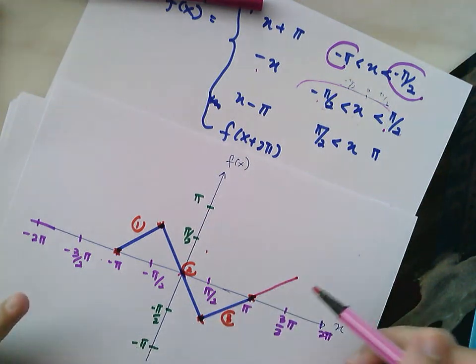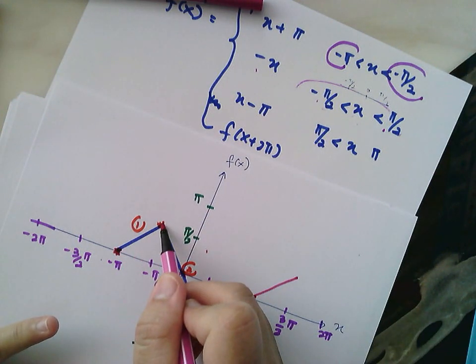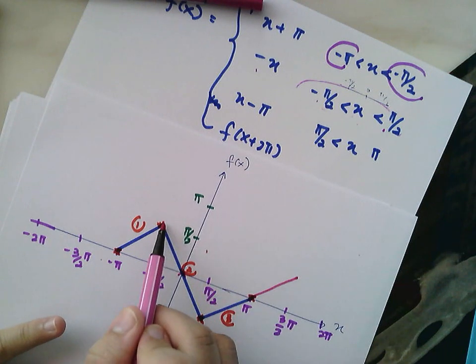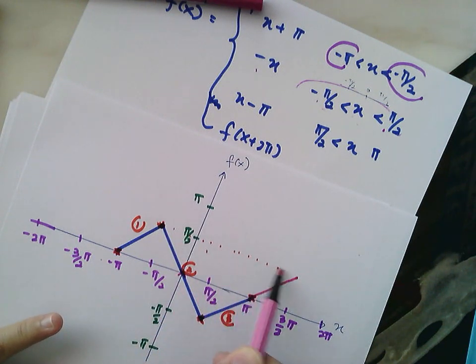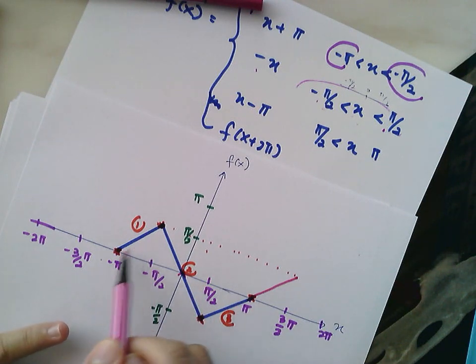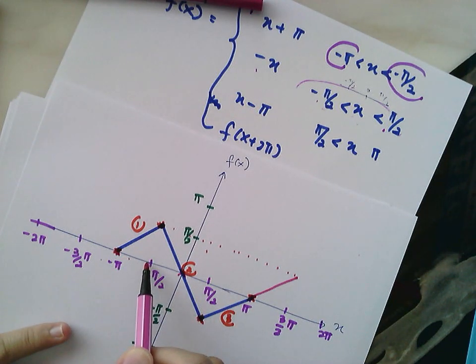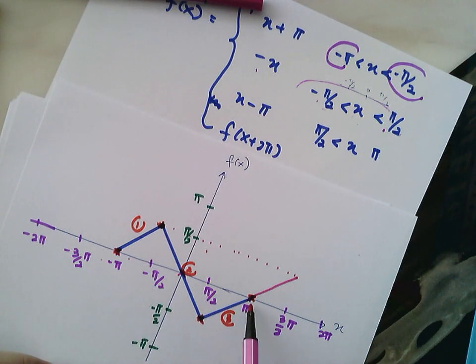Why here? Because you have here. So you need to have the same f(x) and the same range for x. This is half, so therefore you just need to move half here.